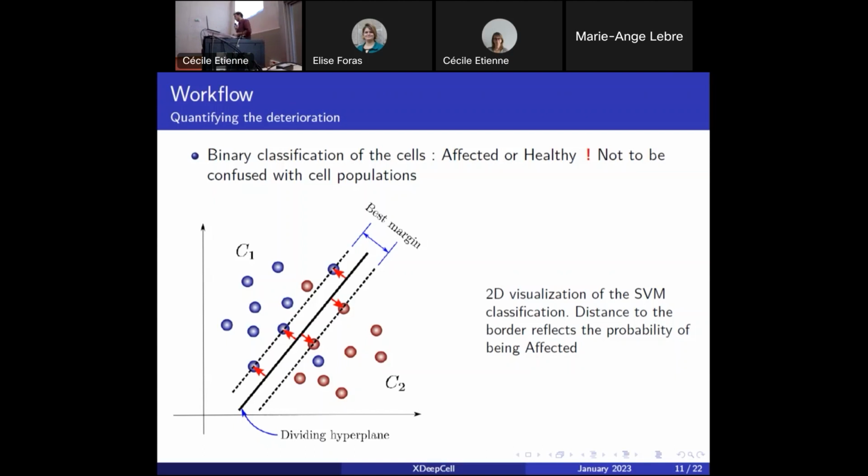In the end, the distance between those samples and the border, the dividing line, represents the deterioration of the cell. And the classifier translates it into a probability of belonging to one class or the other. So we can use this probability as an indicator of the deterioration.